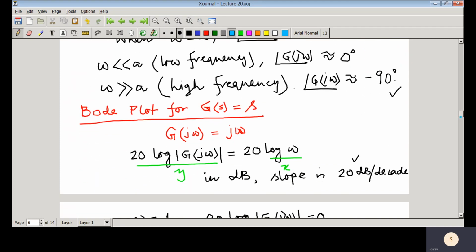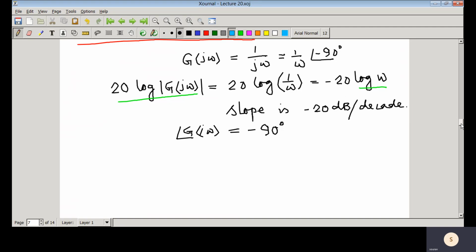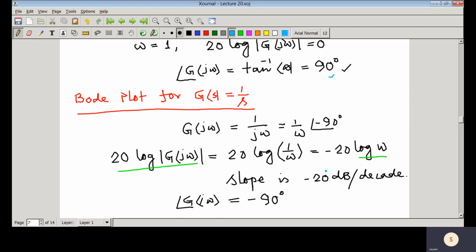The same thing happens in case of s and 1 by s. Whenever we have s, the slope would be 20 dB per decade, but the phase remains constant at 90 degrees. In case of 1 by s, the phase would be minus 90 degrees and the slope would be minus 20 dB per decade.